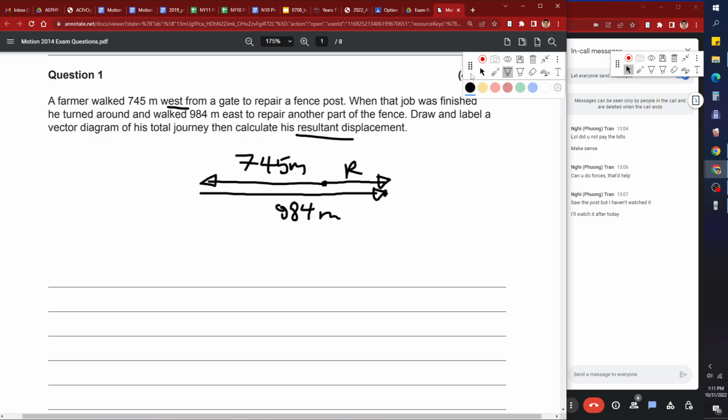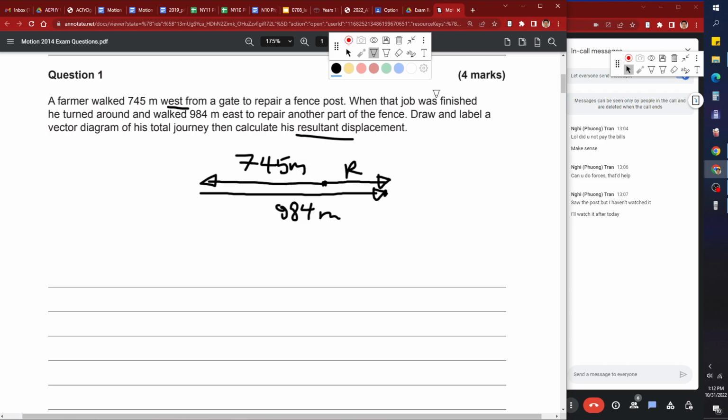You know, this is 4 marks, yes, but you should be able to do this fairly quick and find the resultant. So that is basically taking 700 something. I don't know, which depends which one you label as positive or negative. So let's say east is positive. So basically what I'm doing is R equals, this is the positive value because it's going east, 984 minus, or we just say plus the negative, really, okay, the west, which is the opposite direction.